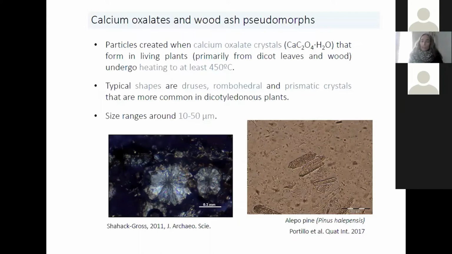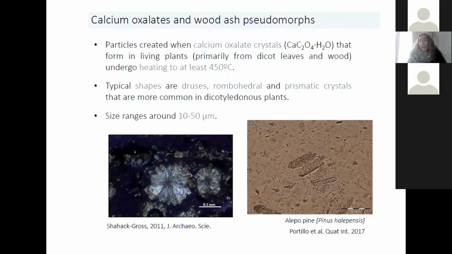When these calcium oxalates are heated at around 450 degrees, these crystals become wood ash pseudomorphs, and they display distinctive shapes like rhomboids and prismatic crystals, which are also very common in ashes.